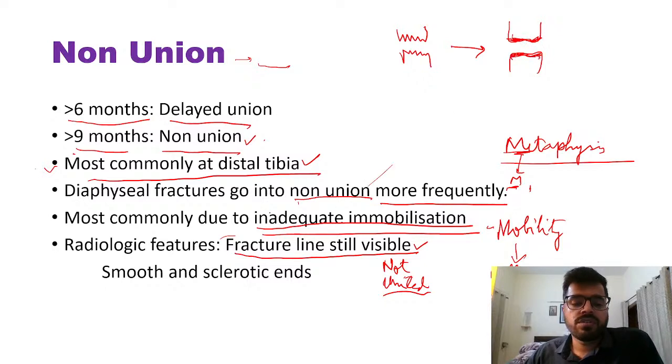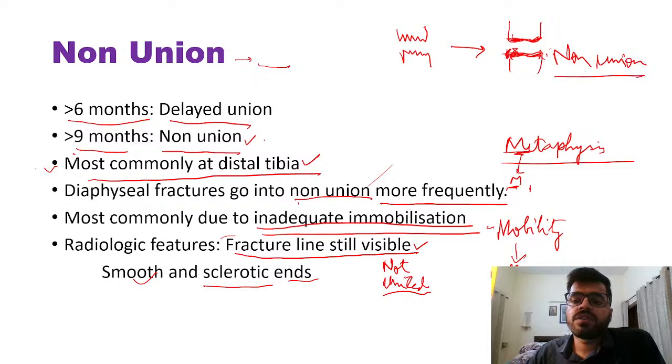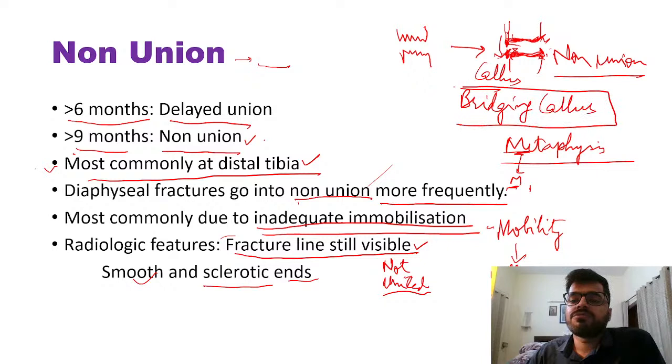So smooth sclerotic ends and fracture line visible, that is non-union on X-ray. There could be some callus formation which is not bridging the fracture site. Callus formation could be there, but bridging callus is not there in non-union. So bridging of the fracture site did not occur. That's why the fracture did not unite.